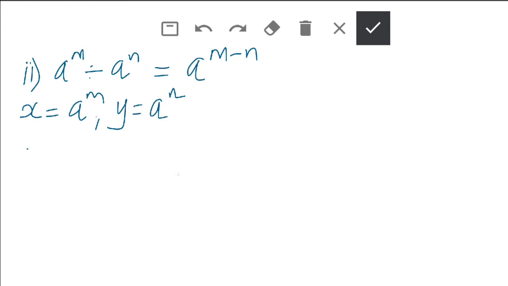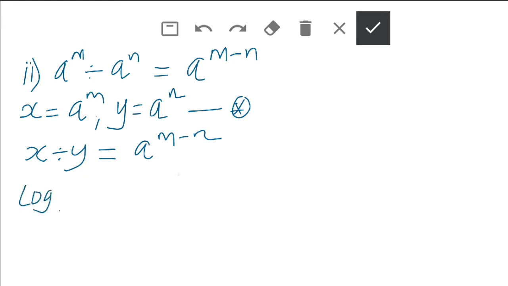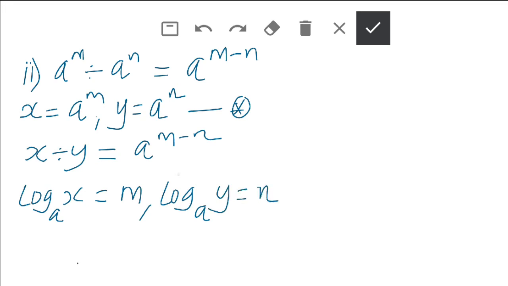Now instead of having a to power m divided by a to power n, we shall have x divided by y being equal to a to power m minus n. Now from these two we can express them in logarithmic notation. So for the first one we shall end up with log to base a of x equals m, and for the second we shall have log to base a of y equals n.